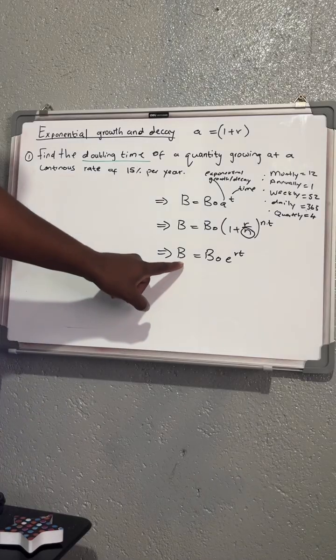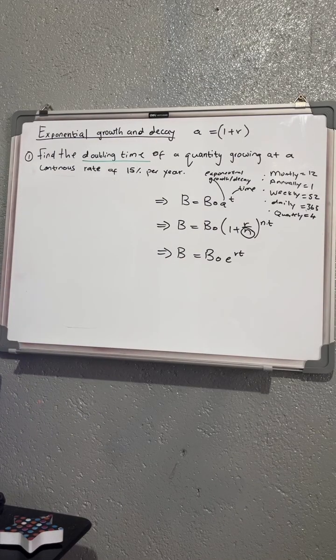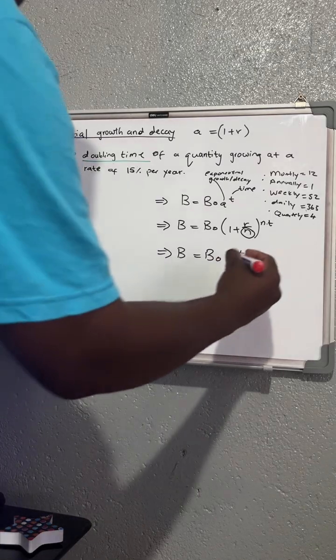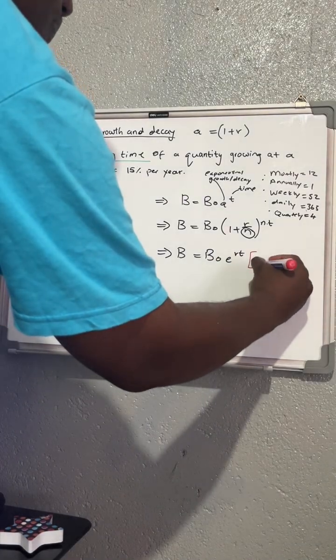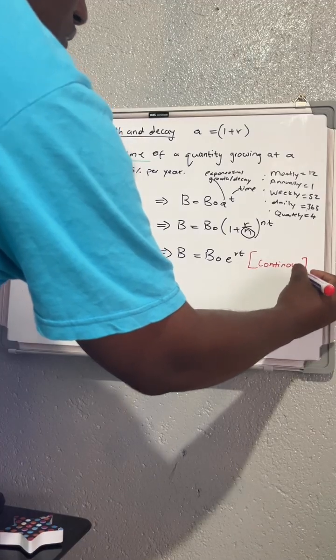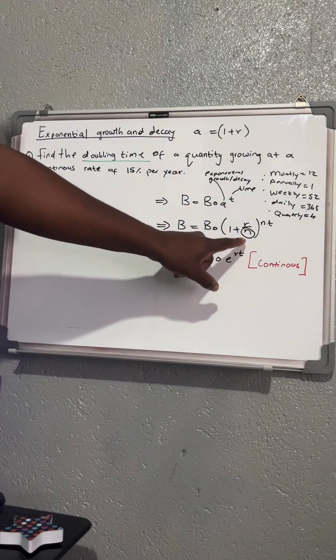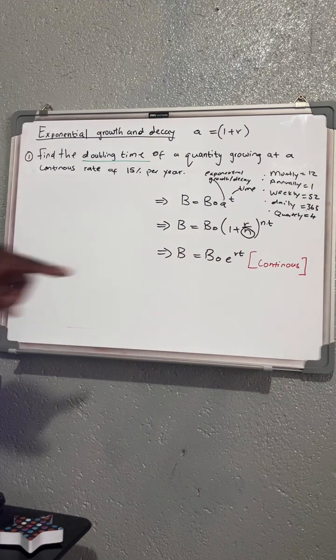So when we get to this one, this is the one that we use each and every time they tell us that something is continuous. Okay, so now what do I mean by something is continuous? You see in equation 2 that we did have n, but in this one, what happens?